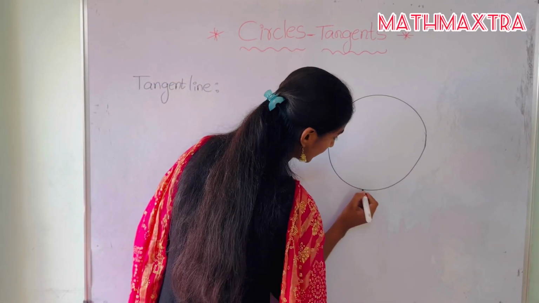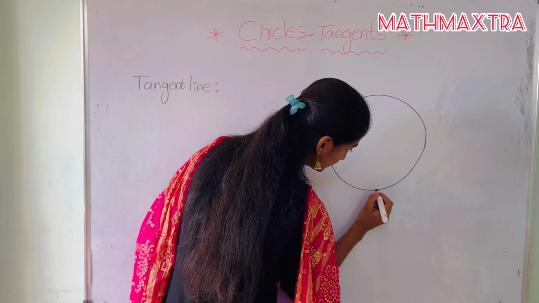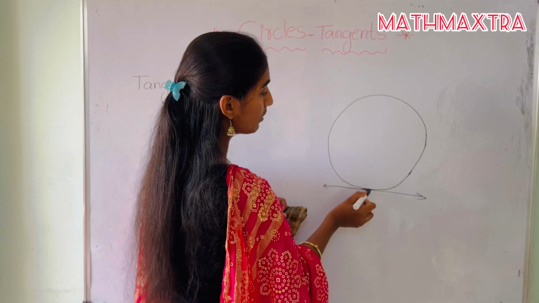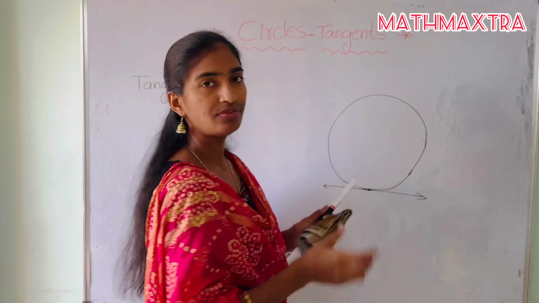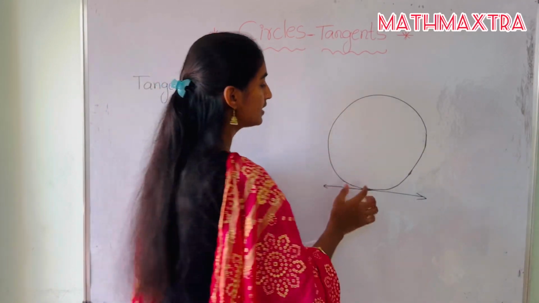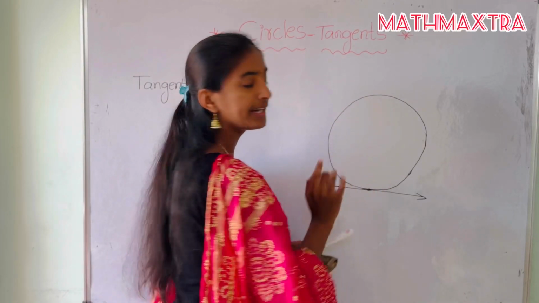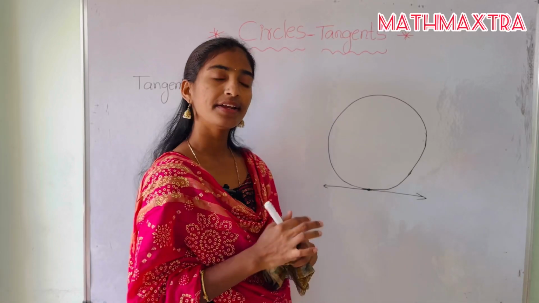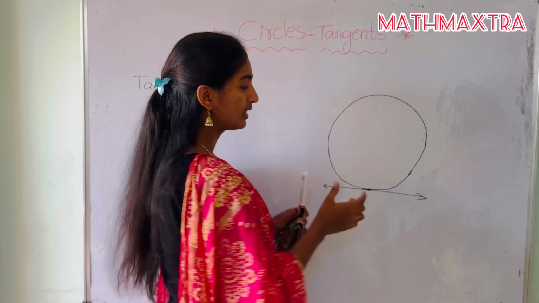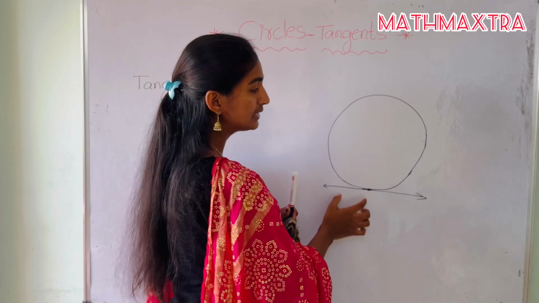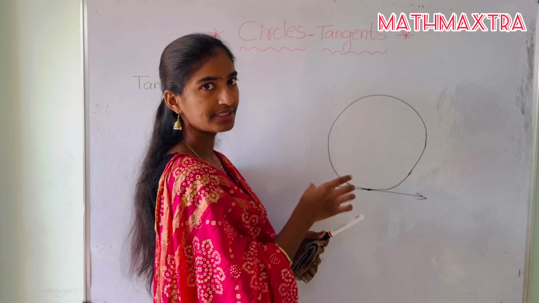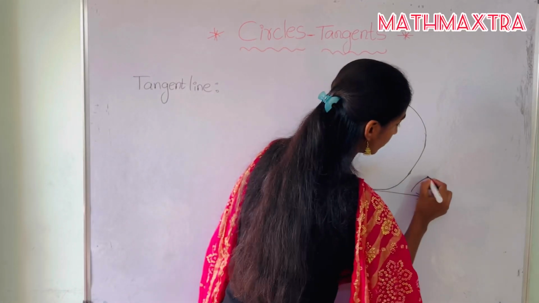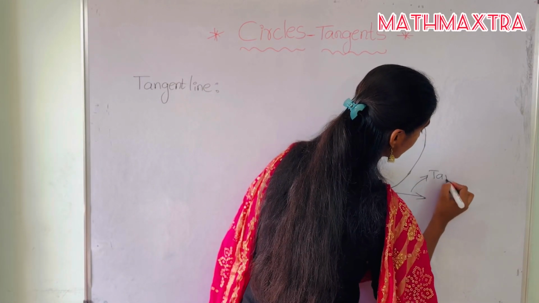This is the one point on the circle. If you draw a straight line which cuts the circle at exactly one point, then we call this line a tangent line. So this we call a tangent of a circle.